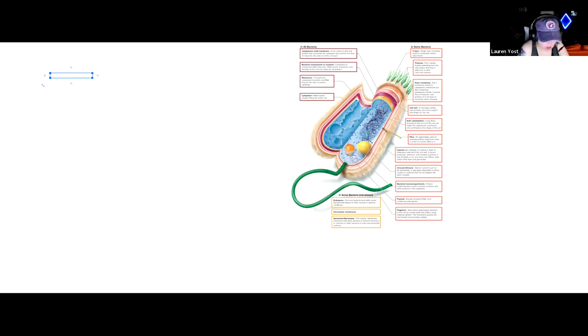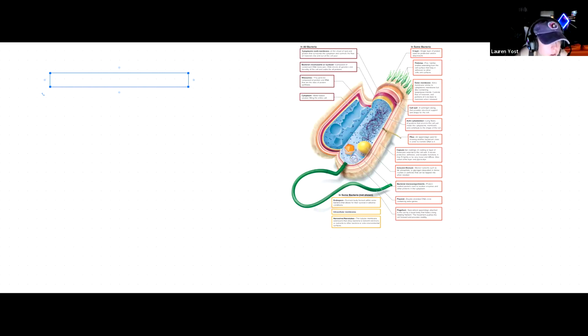So capsules themselves are more tightly associated, and therefore involved in adherence to surfaces and in phagocyte evasion, because the capsule makes it harder to phagocytose, or eat, the target encapsulated bacterial cell.